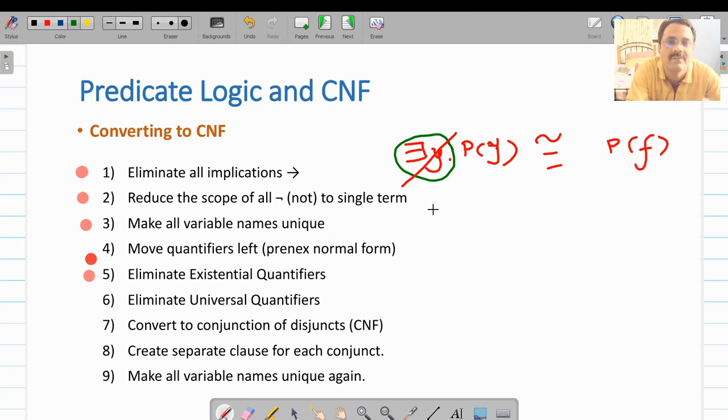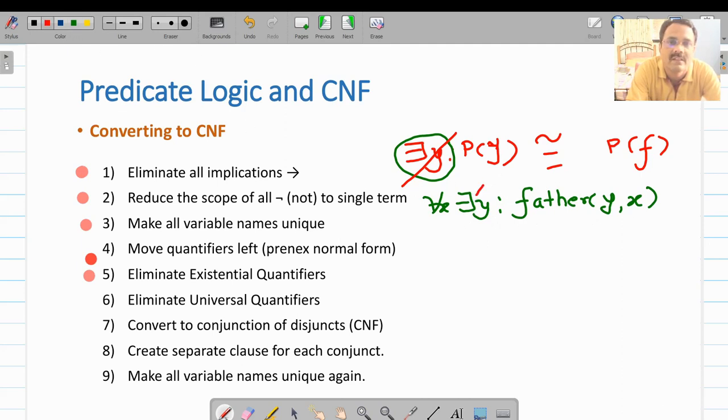For example, for all x, there exists some y such that this y is father of x. So we have to remove this there exists y now.